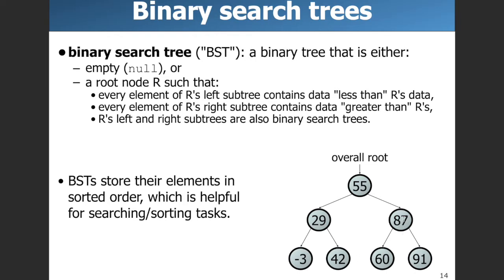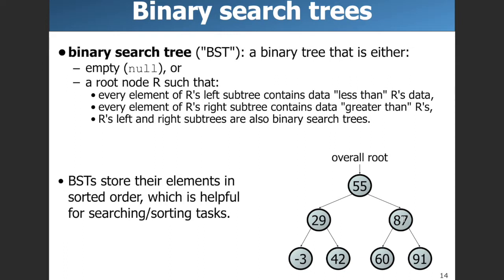So it's a rule, it's a must-have of a binary search tree. If it's violated, it means it's not a binary search tree. Probably it's some other binary tree, or just a tree in general.